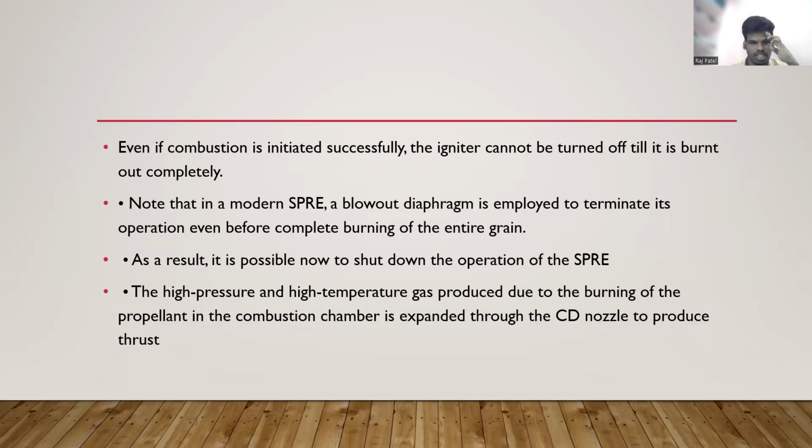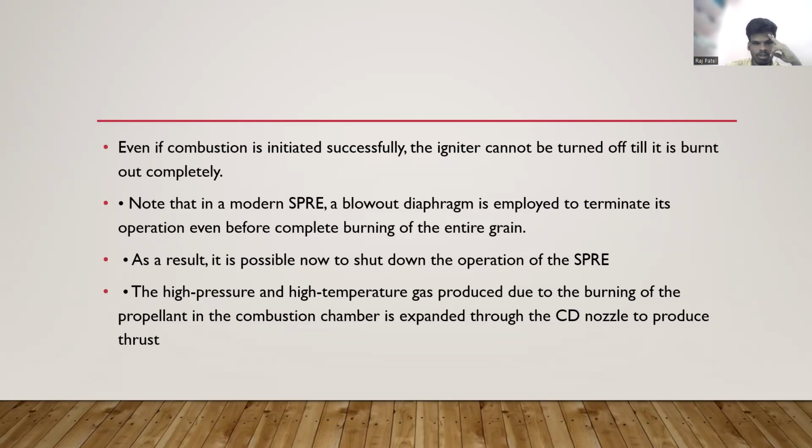Even if the combustion is initiated successfully, the igniter cannot be turned off till it is burned out completely. Note that in modern solid propellant rocket engines, a blown-out diaphragm is employed to terminate its operation even before complete burning of the entire grain.